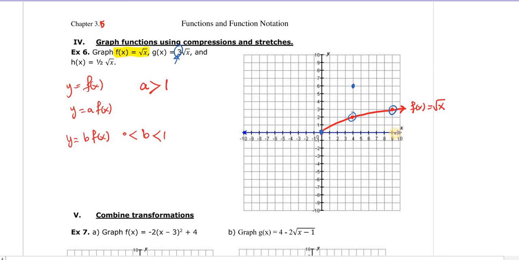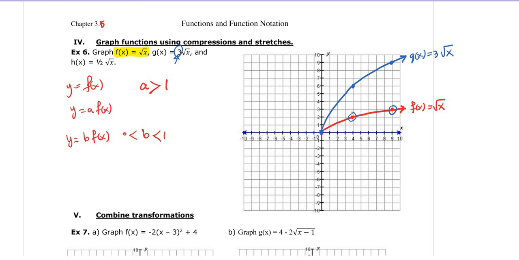And then 9 and 3: 3 times 3 is 9, so it becomes 9 and 9. So here is the new function, which is stretched by a factor of 3. This is g of x equals 3 square root of x.